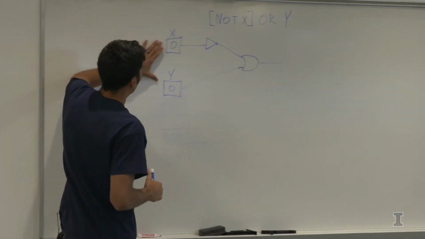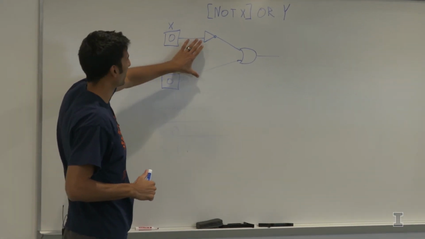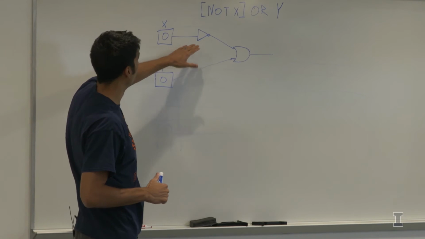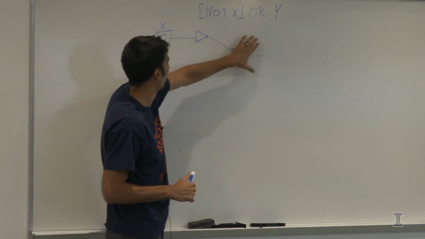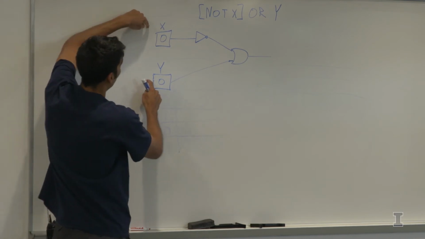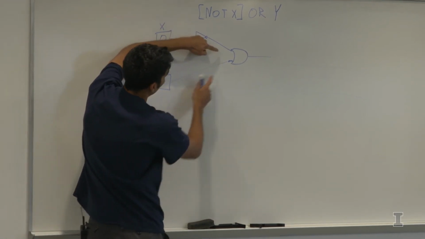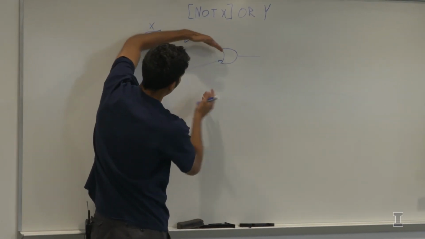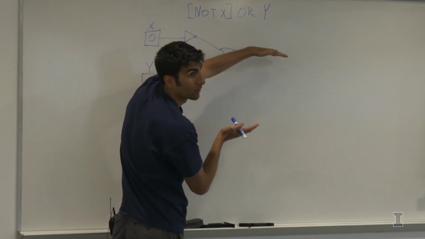Okay. So is it clear? Everyone kind of understand how this NOT X or Y looks like this in the circuit form? You have your X and Y, you send the X into NOT, and so then what's going into your OR is the NOT X and Y, and that's what's coming out.